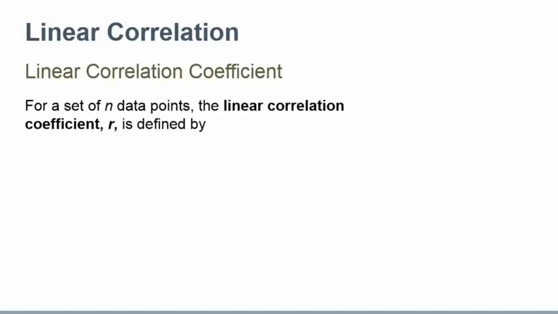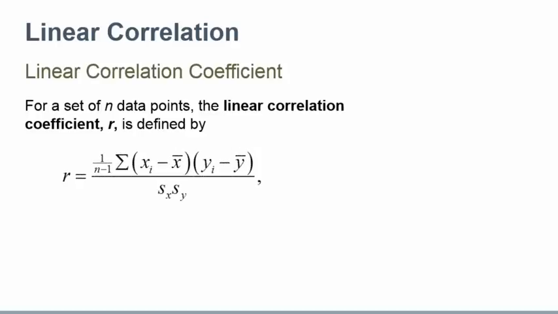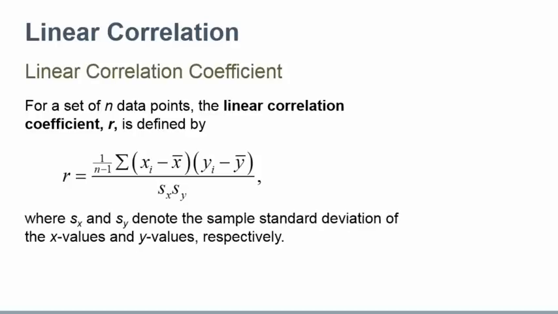For a set of n data points, the linear correlation coefficient r is defined by r equals 1 over n minus 1 times the sum of (x sub i minus x bar) times (y sub i minus y bar), all divided by s sub x times s sub y, where s sub x and s sub y denote the sample standard deviation of the x values and y values respectively.